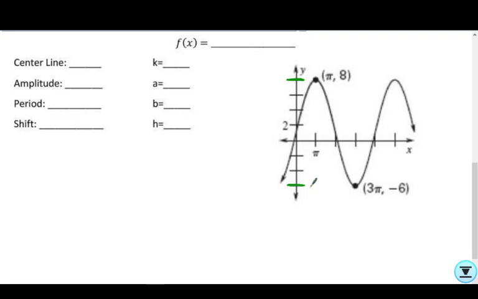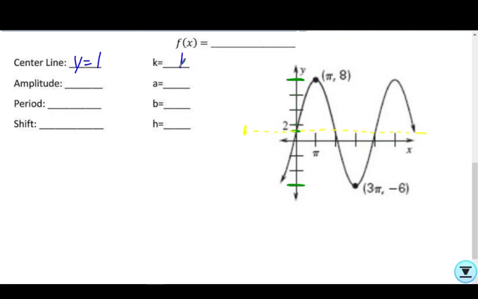So count 7 down, because that's going to be the midway. So each one of these is 2. So 2, 4, 6, 7. This right here, this is my center line. And that's at 1. Okay. So my center line's at y equals 1, which means k is 1.